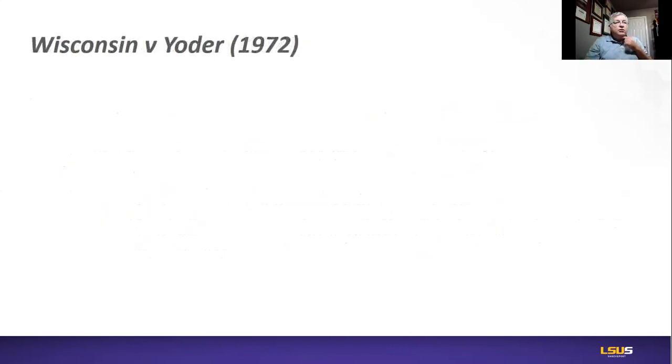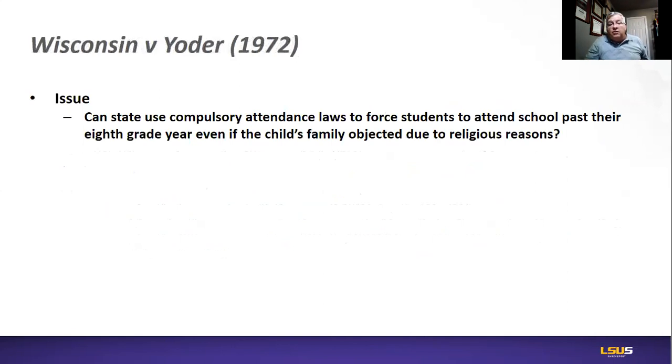In 1972, the Wisconsin versus Yoder case. Can a state use compulsory attendance laws to force kids to attend school? In Wisconsin, they had laws that said that students had to attend school. Some of the Amish residents of Wisconsin felt like that violated their religious beliefs.